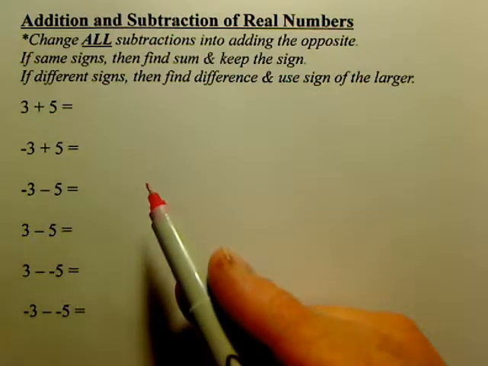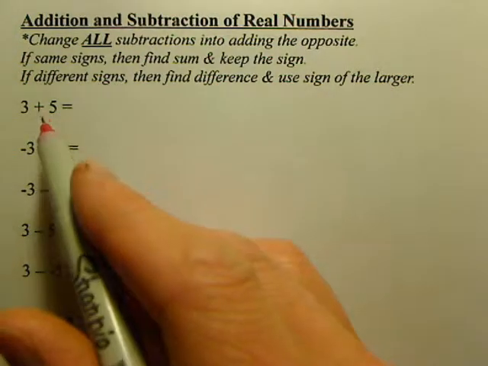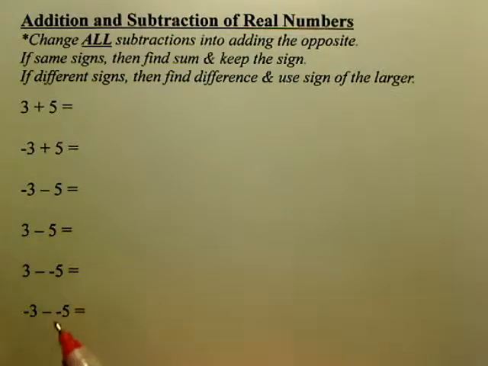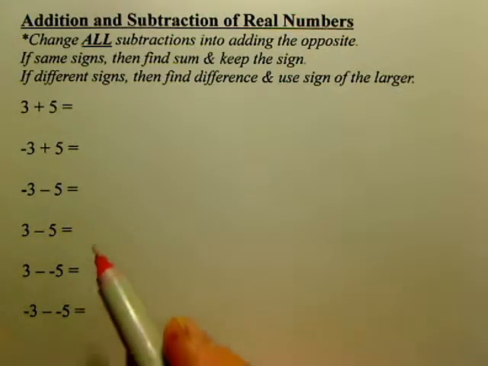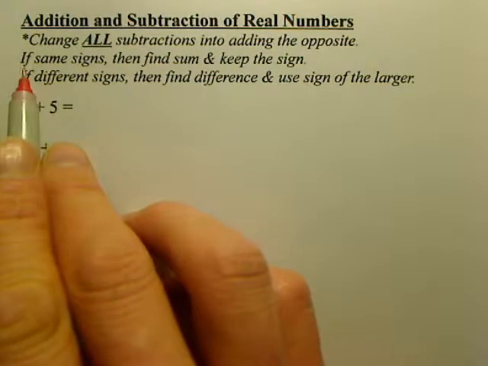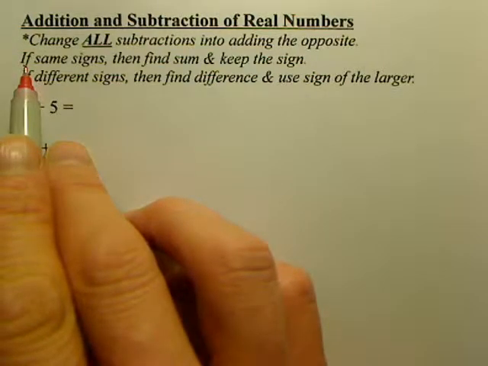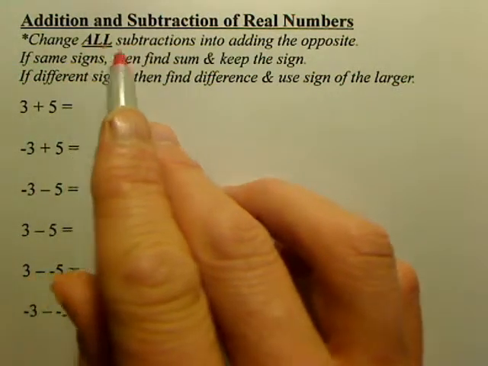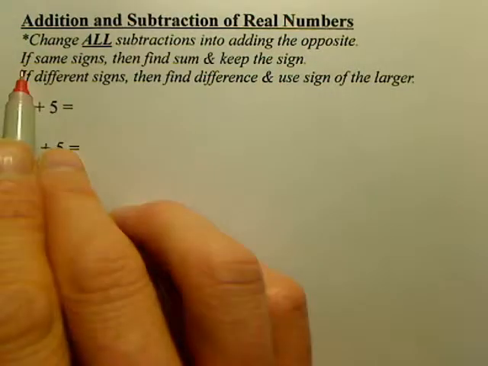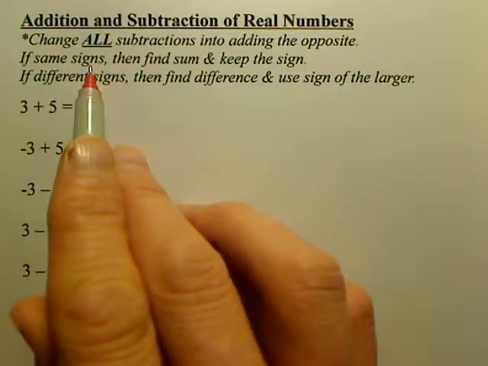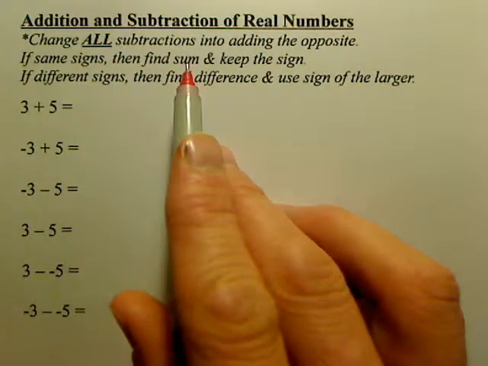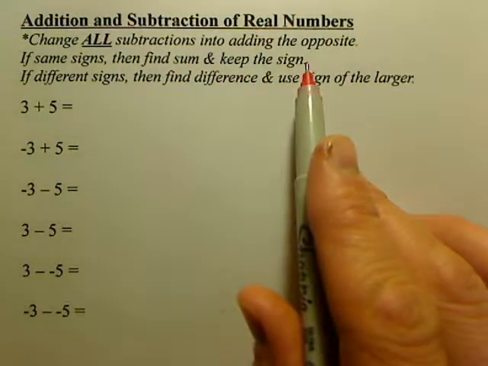Now if you don't want to memorize these rules, we're going to show you other reasons of where they come from and why they are true. But these are two rules that could help. Basically, when you're adding or subtracting, basically adding because you changed all subtractions to add, remember? If the same signs, meaning if they're both positive or both negative, then you sum them, which means add, and keep the sign.